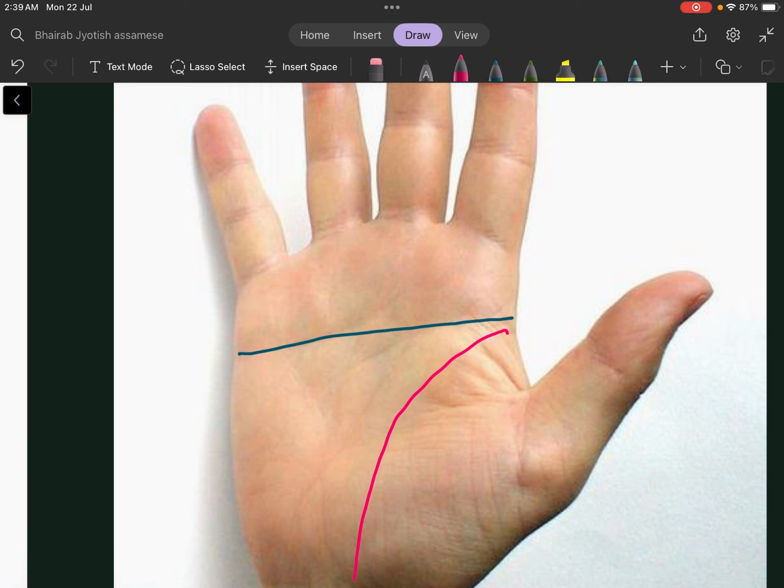So when we have a Simian line, the person is stubborn in nature, does not compromise with the situation or anyone, and does not express emotions easily. So if you are negotiating with such a person with a Simian line, you need to be very friendly, then only he will tell what he has in his mind.